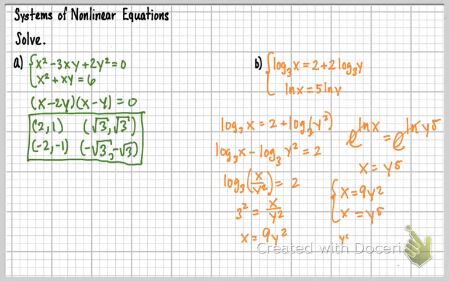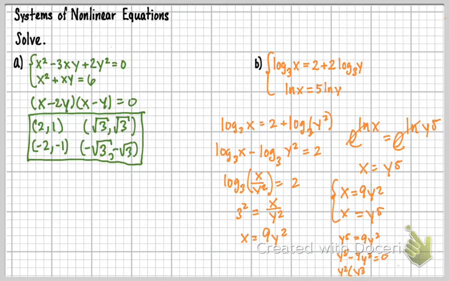So that's going to be y to the 5th equals 9 to the y squared. And then I can move that 9 over. So y to the 5th minus 9y squared equals 0. And then I'm going to factor here. So I'm going to factor a y squared out.